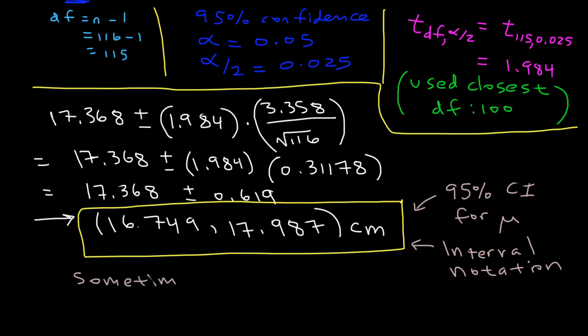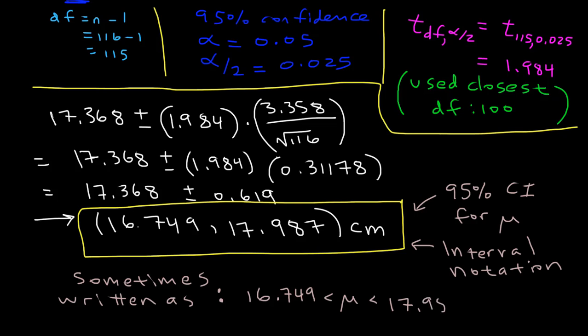Sometimes written as this, because it's an estimate for mu, sometimes it's written as a compound inequality. It's not my favorite, but sometimes people do that. So that is how we utilize this formula to create a confidence interval.